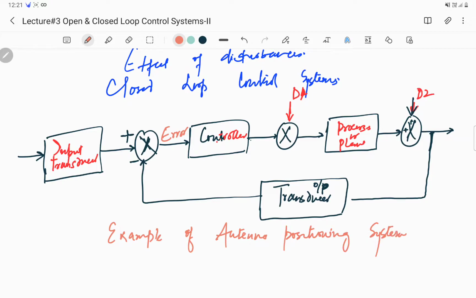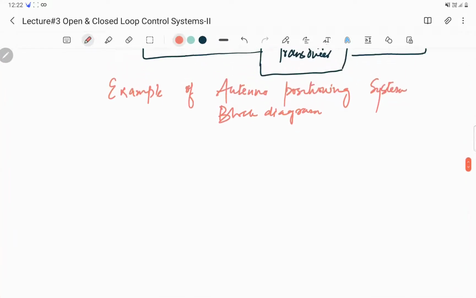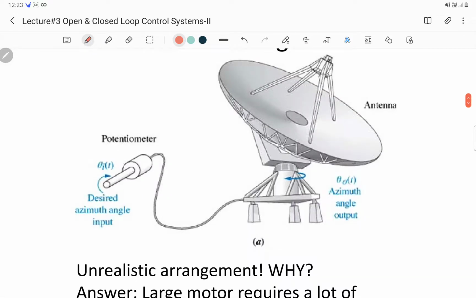For that I need to attach an image. Just a second. So let us try to understand step by step an antenna positioning system. Figure shows here an antenna positioning system.